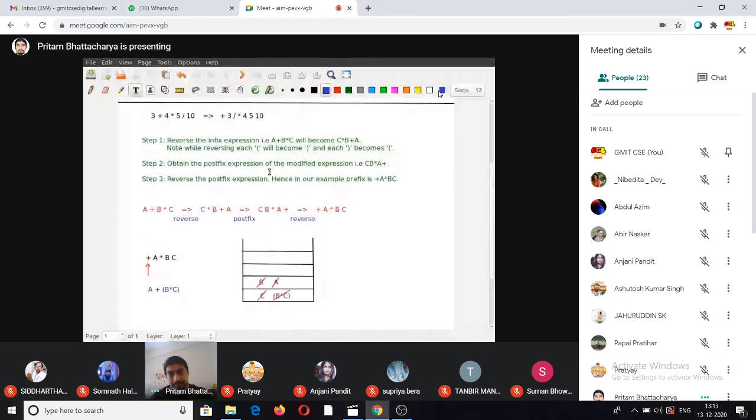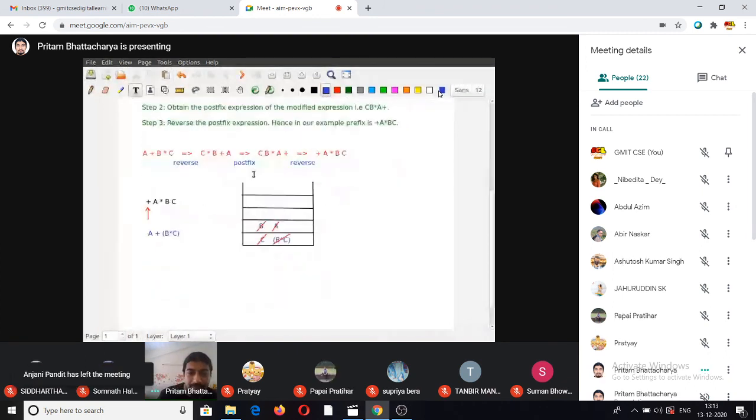Right. But except in the reverse order. You just do the scan in the reverse order. Otherwise, the algorithm is exactly the same. Okay.